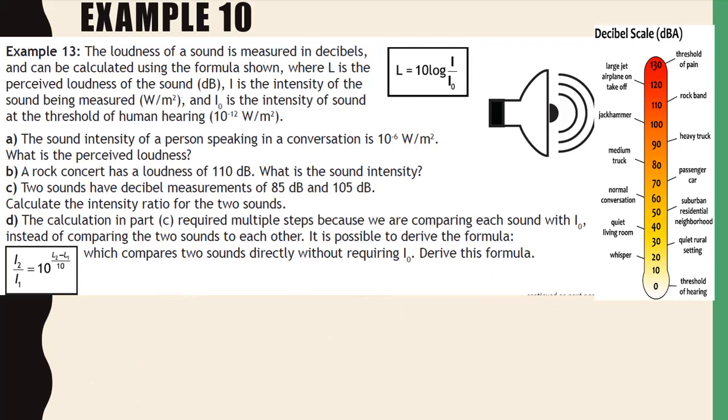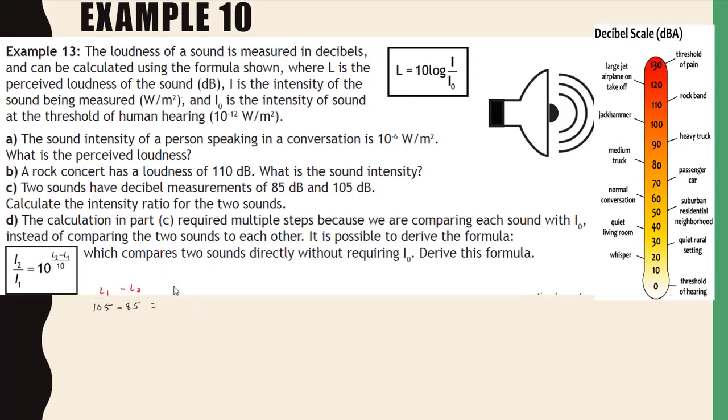So I made a little room for C. Two sounds have decibel measurements of 85 decibels and 105 decibels. Calculate the intensity ratio of the two sounds. Now to do that, I'm actually going to subtract these two decibels on the one side, so 105 minus 85 decibels, to see what the ratio actually is between these. So here I have loudness 1 minus loudness 2, or it could be the other way as well.